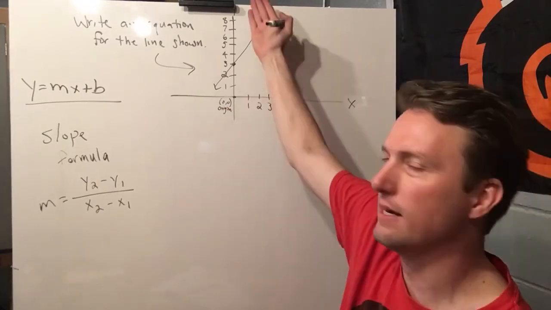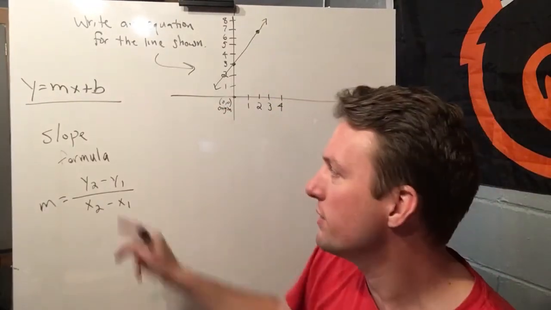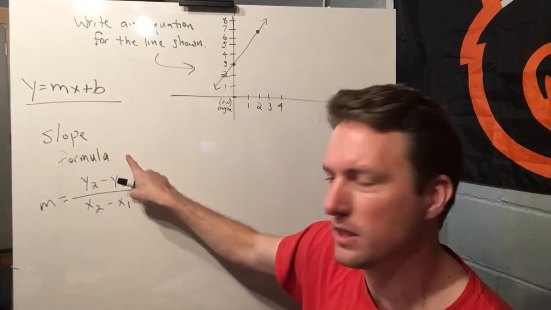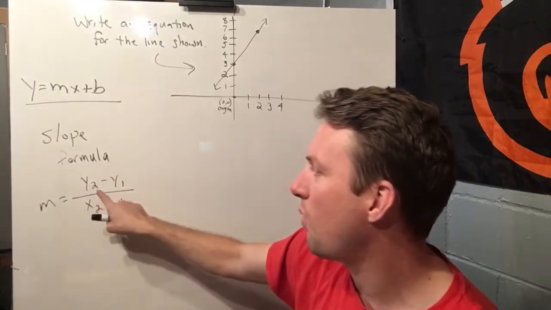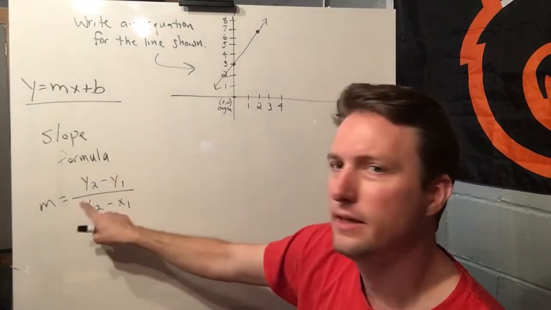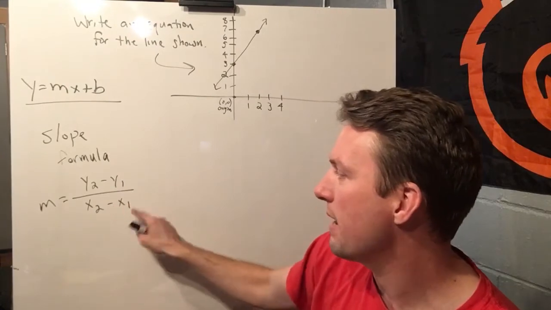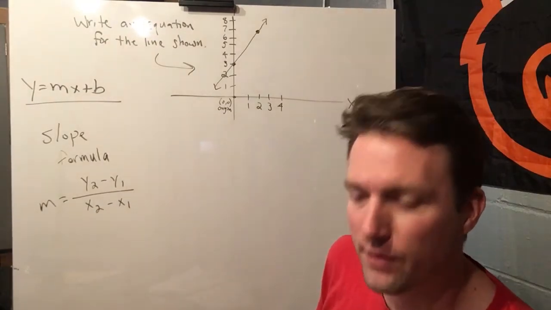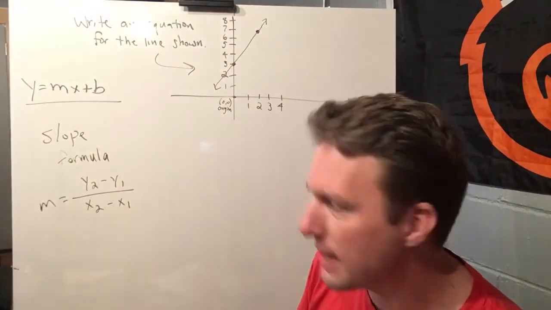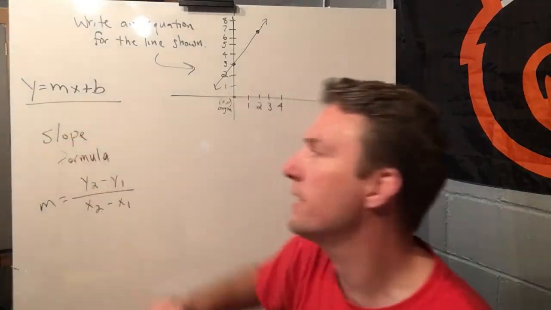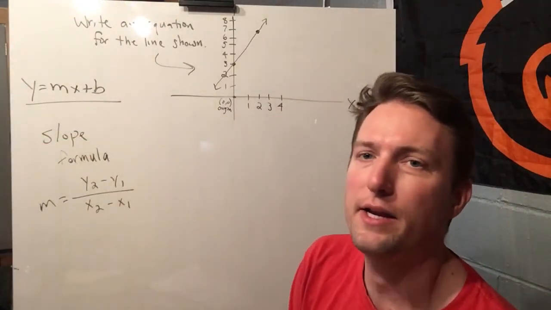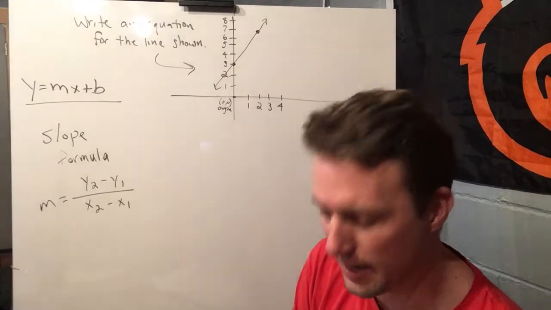X-axis, y-axis. And what we're going to do is use the slope formula that we talked about yesterday, m equals y2 minus y1 divided by x2 minus x1, to find first the slope, and then plug that into our linear equation, y equals mx plus b, to write an equation for this line.